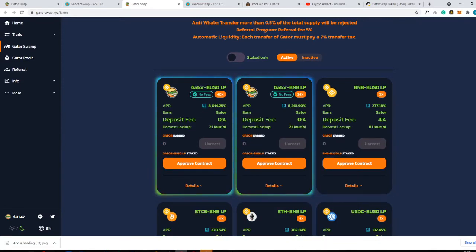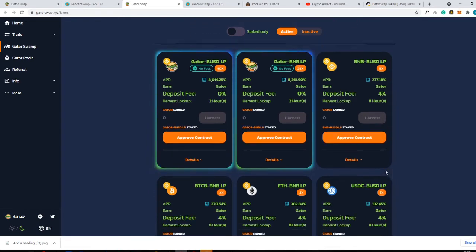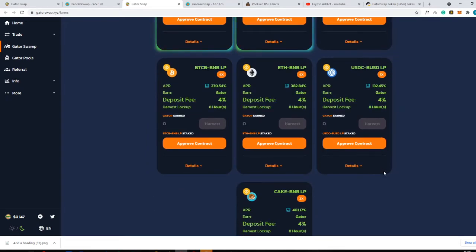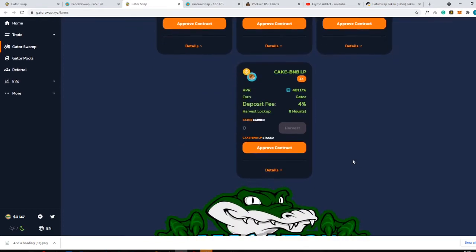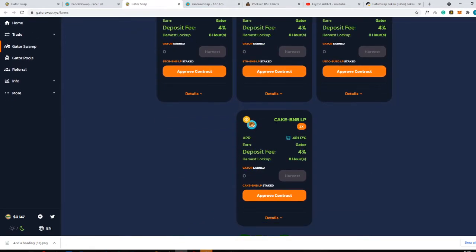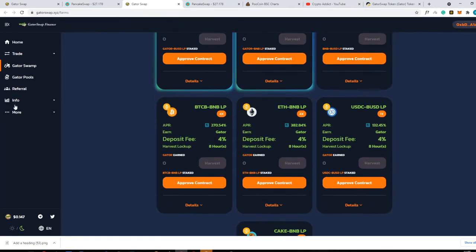You can join Gator BUSD, Gator BNB, BNB BUSD, and other pairs as well. Even the PancakeSwap token cake is also here, giving us 401% APR per year.